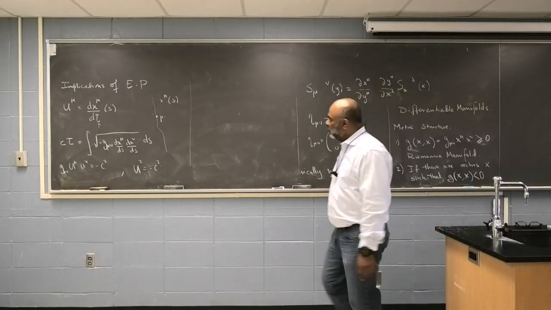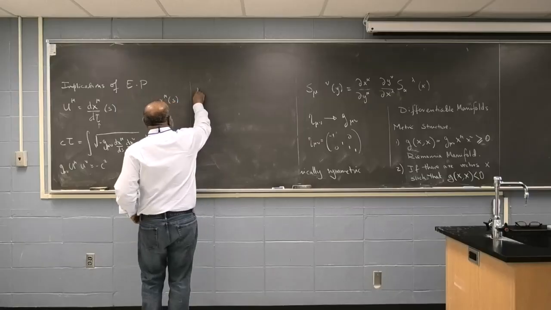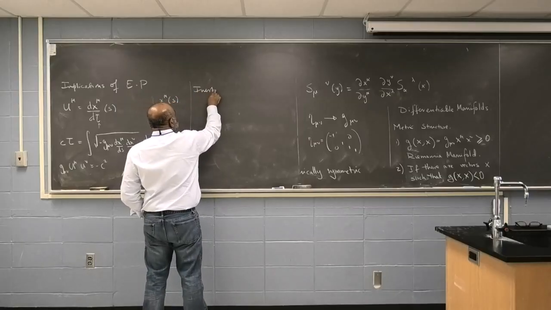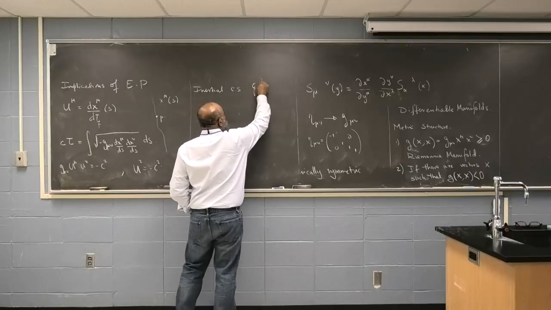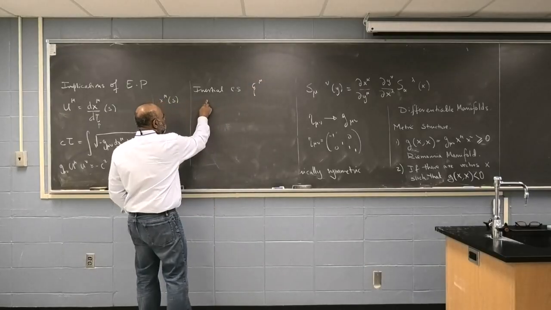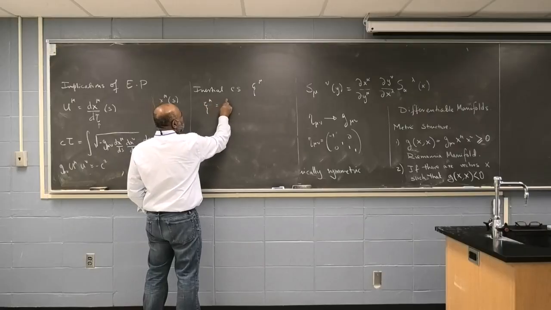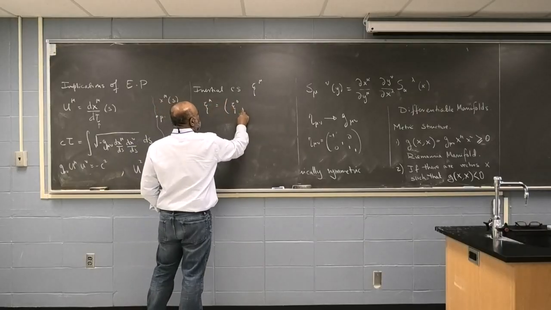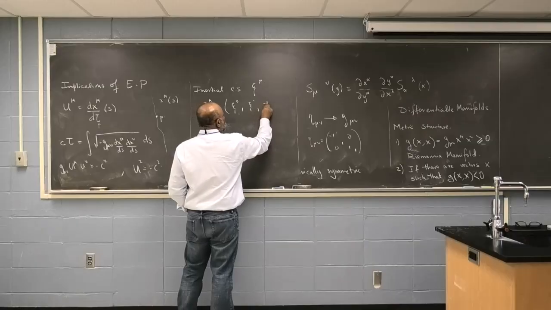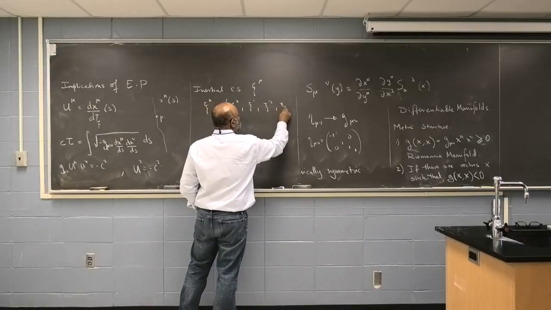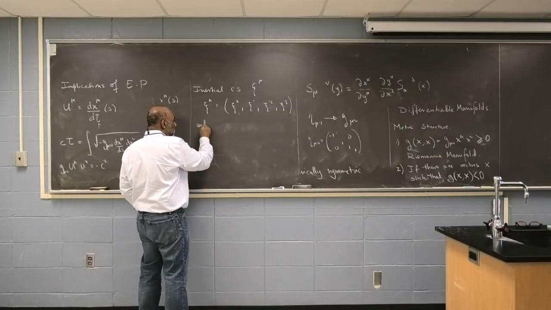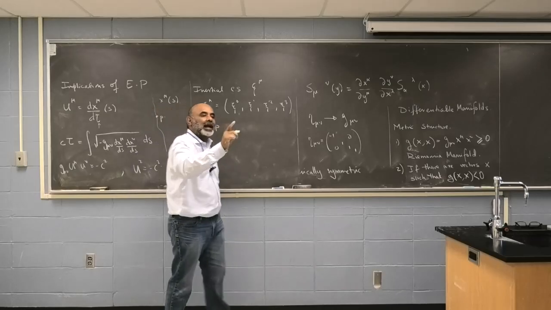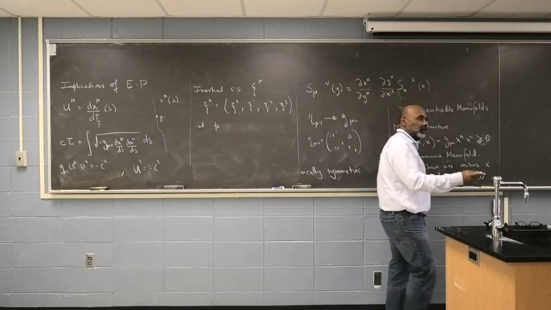So we will construct an inertial coordinate system ψ^μ. By ψ^μ, I mean a 4-tuple, ψ^0, ψ^1, ψ^2, ψ^3, such that at P, only at P, at one point at a time, we're calling that point P.